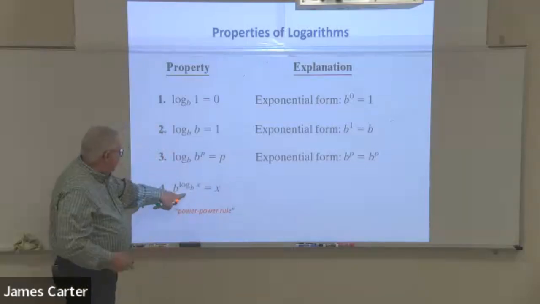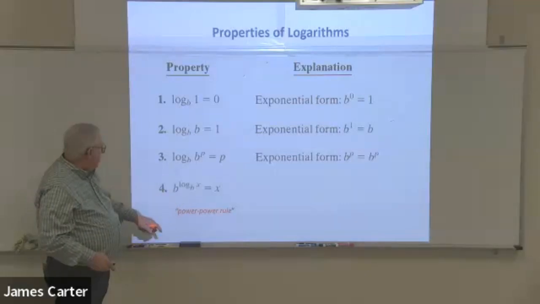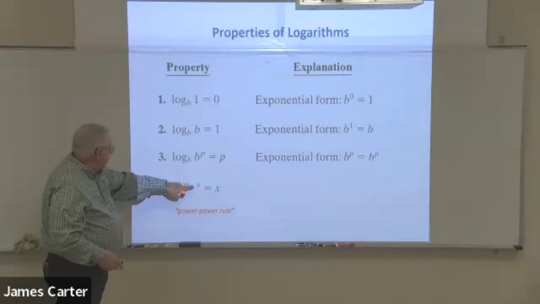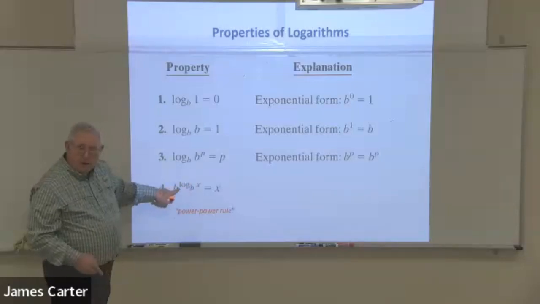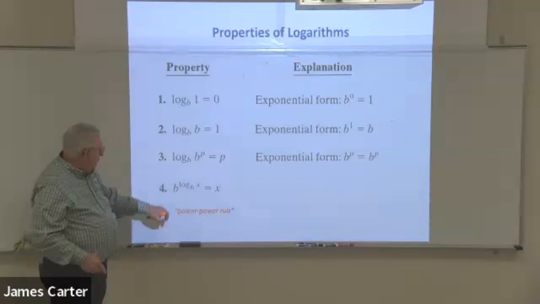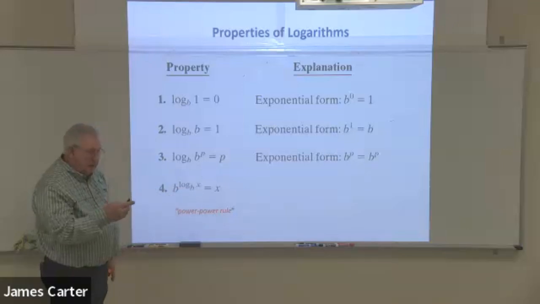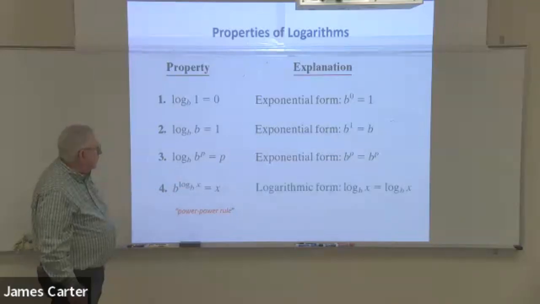This is another variation of the power rule. In this case, your answer is going to be x because this part by itself is going to be 1. Always. Anytime you see something of itself, it's going to be the 1.